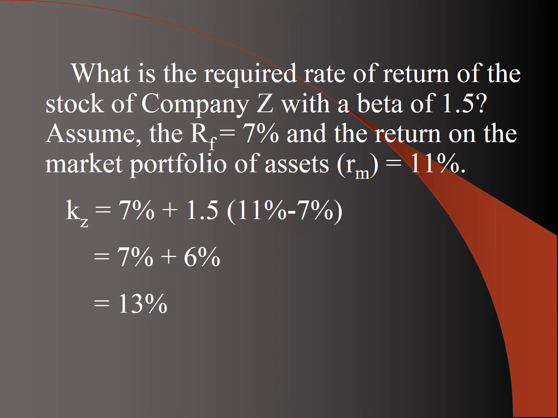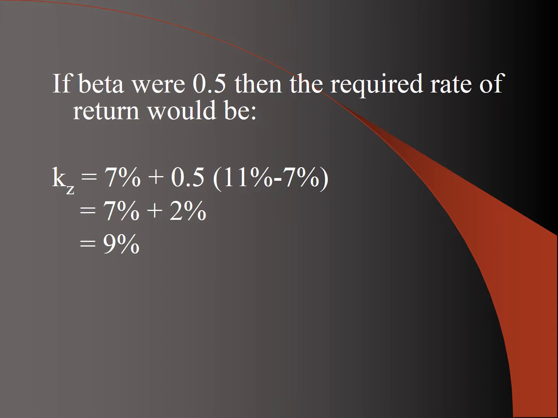Let's calculate another one. Now let's assume we have a beta of 0.5. What would be the investor's required rate of return? So plugging the numbers again into CAPM, we have a risk-free rate of 7% plus the beta of 0.5 times the return on the market minus the risk-free rate.